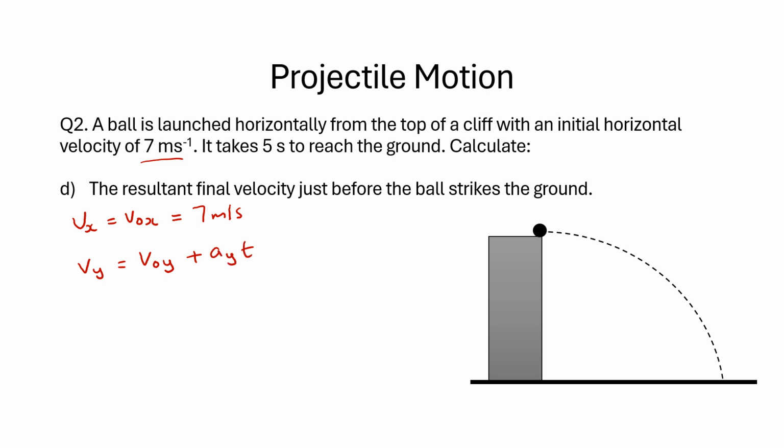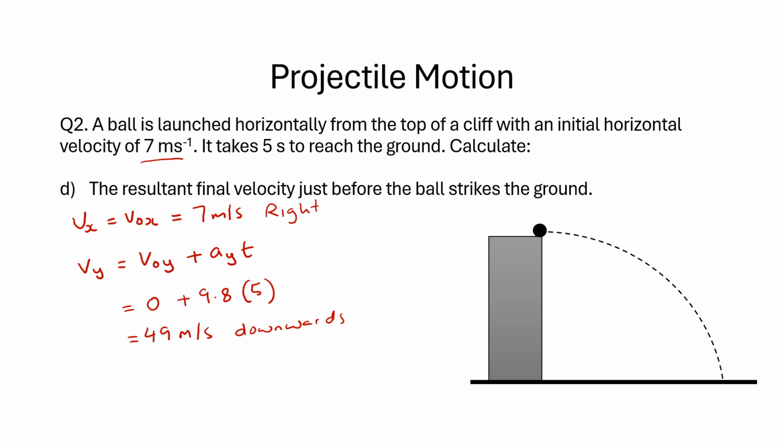V naught y is equal to 0 plus Ay is 9.8, and the value of t would be 5 seconds. And 9.8 times 5 equals 49 meters per second. The direction of Vy would be downwards, and the direction of Vx is to the right.